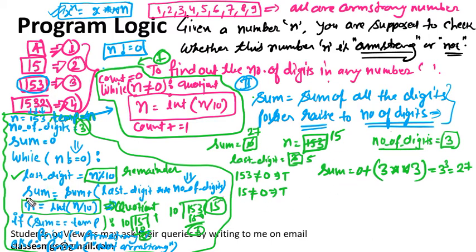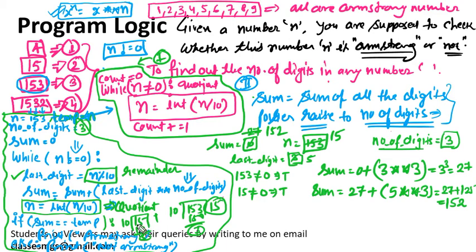Now sum equals sum, which already has 27, plus last digit 5, double star number of digits 3. So 27 plus 125, whatever it becomes, it will be 152. So sum will become 152.